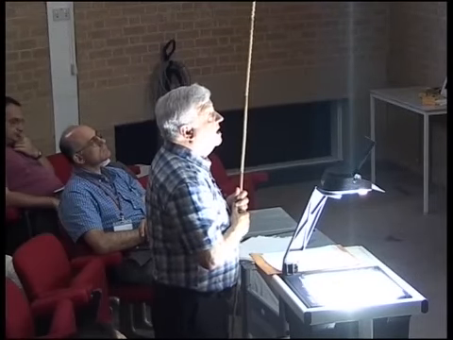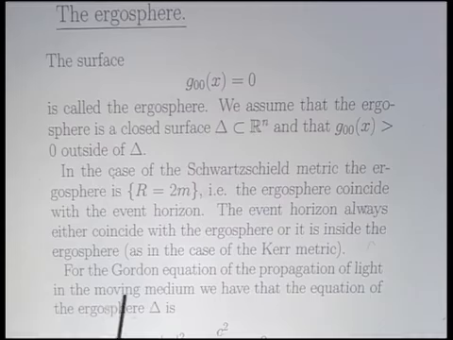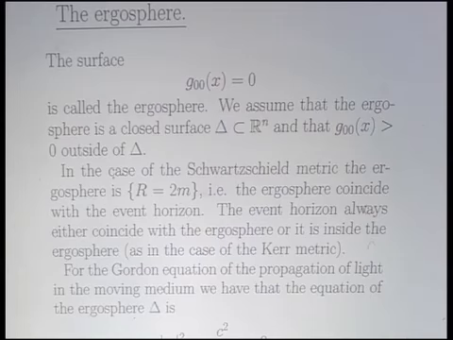So now one more definition. Ergosphere is the surface G00 equal to 0. An equivalent form is the following. If you consider the spatial part of the equation, disregarding everything in time, the ergosphere is where the ellipticity of the system breaks.